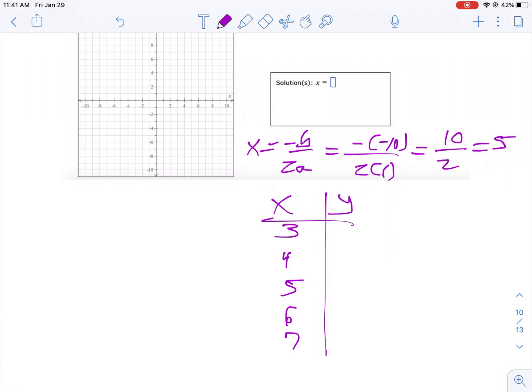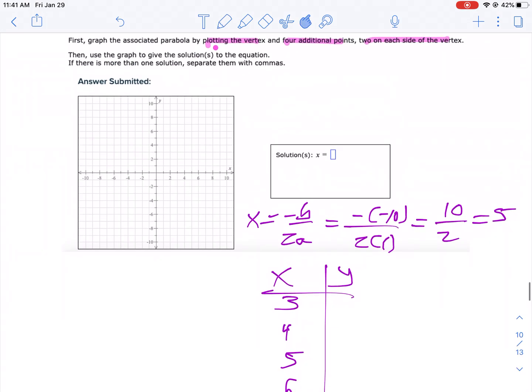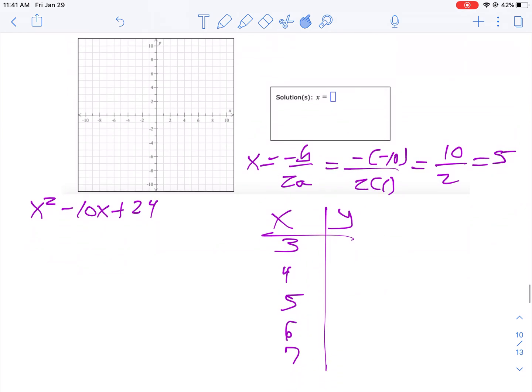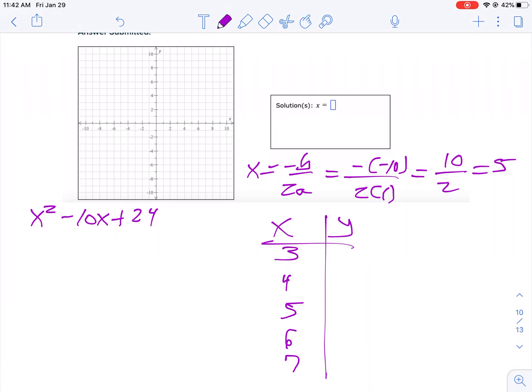Now I'm going to find the value of my vertex. So now I'm going to do x squared minus 10x plus 24. I'm going to find when x is 5. So I'm going to go 5 squared minus 10 times 5 plus 24.